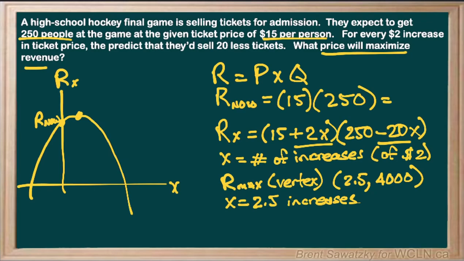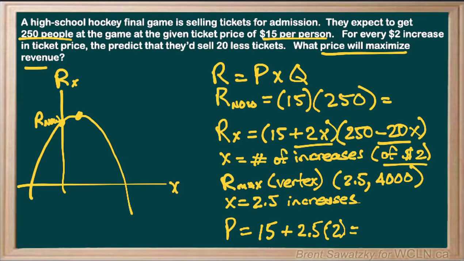It was good that we were organized, because now we can say the new price at that maximum was the original price, but we added 2.5 increases. And each increase was how much? An increase of $2.